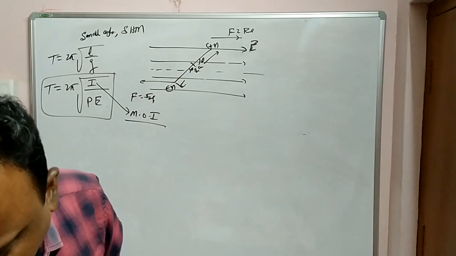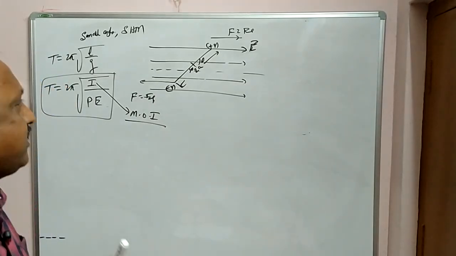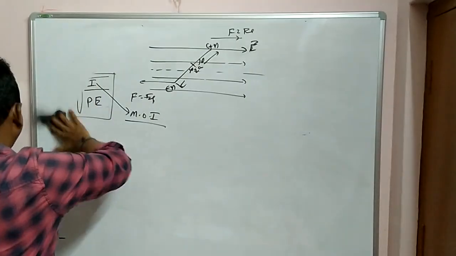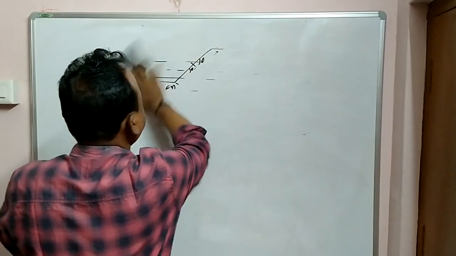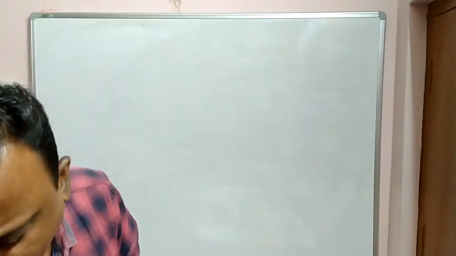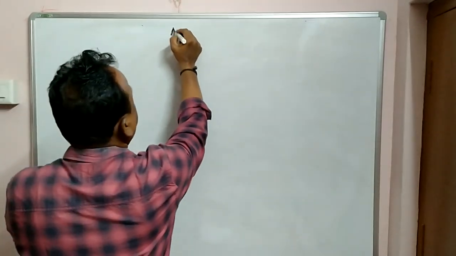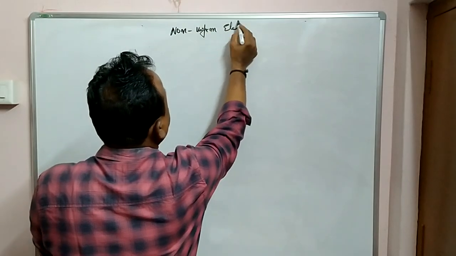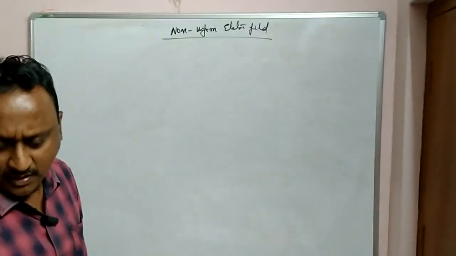Now let us go to the non-uniform field. Next case, non-uniform field. See, till now we have been studying uniform electrical field. Now if you take a non-uniform electrical field, it is not uniform, it changes. Let's see what happens.